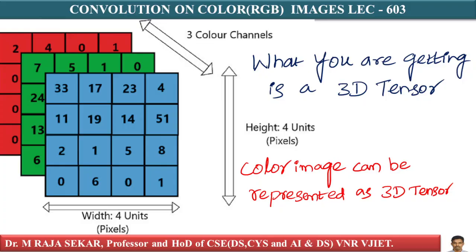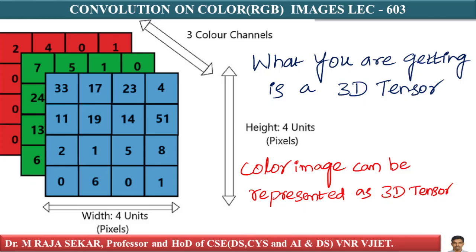Color images can be represented as a 3D tensor because to represent each pixel in a color image, I need a triplet.